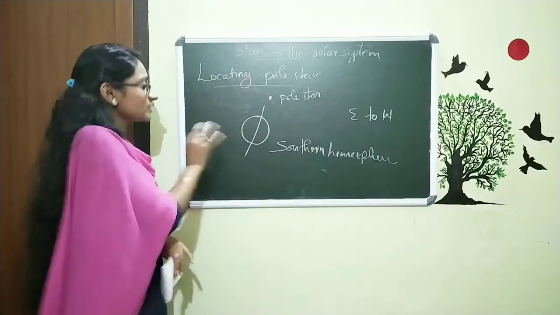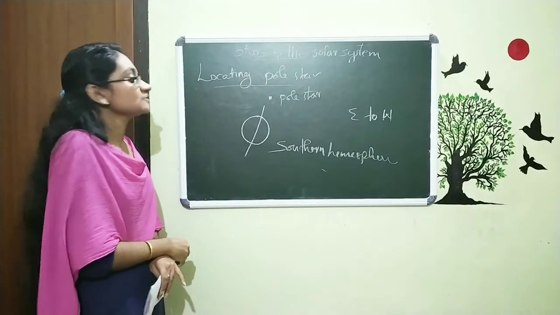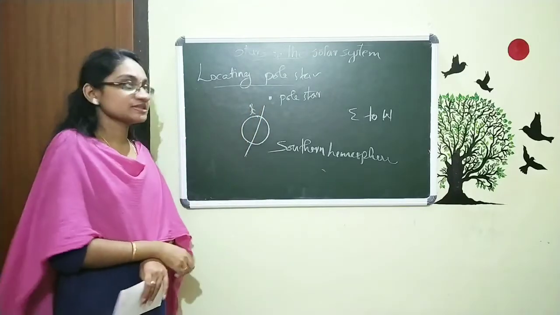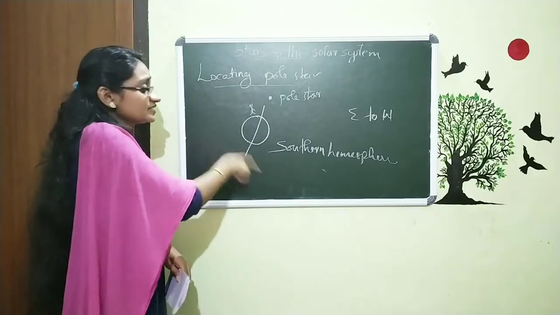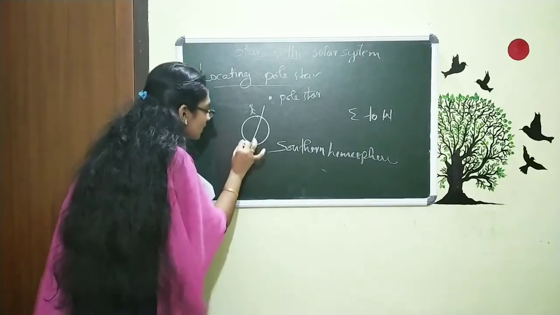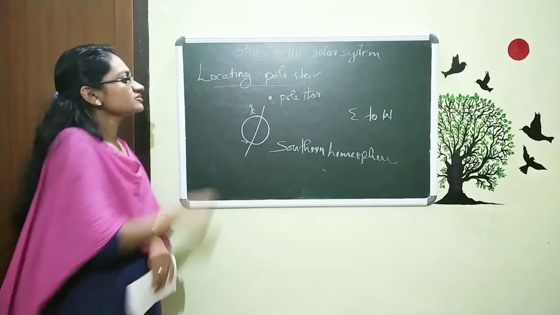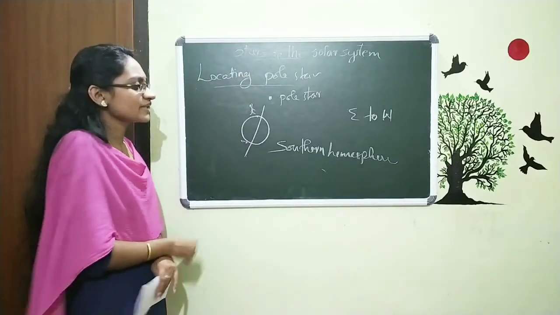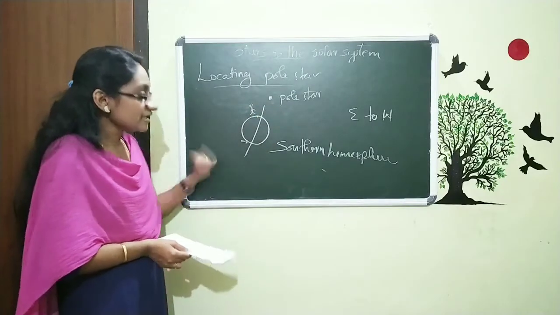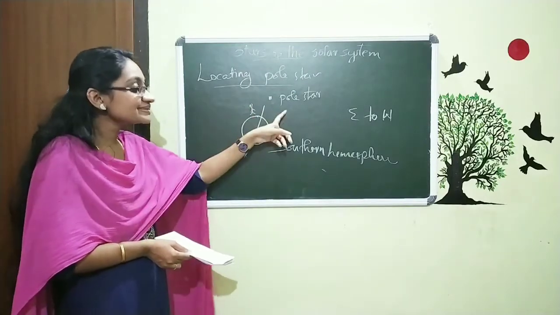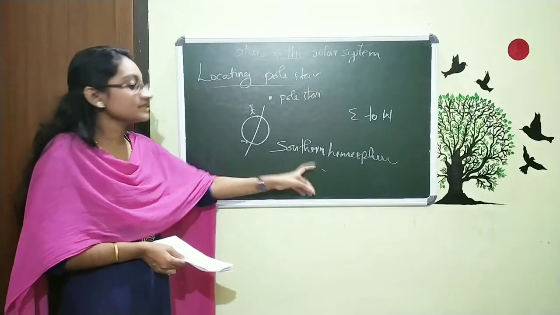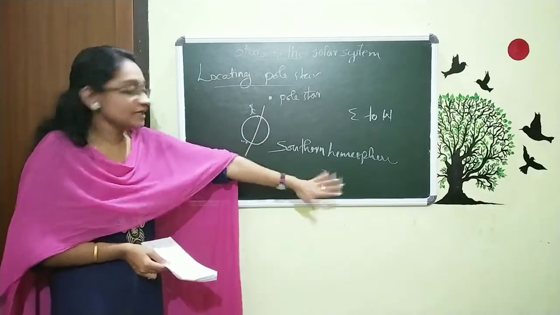In the northern hemisphere, it's okay, we can see the pole star when we are standing at this point. But when we are in the southern hemisphere, that means when we are moving to this point, we are unable to see the pole star because it is located at this point of the axis. That's why we are unable to see the pole star in the southern hemisphere.